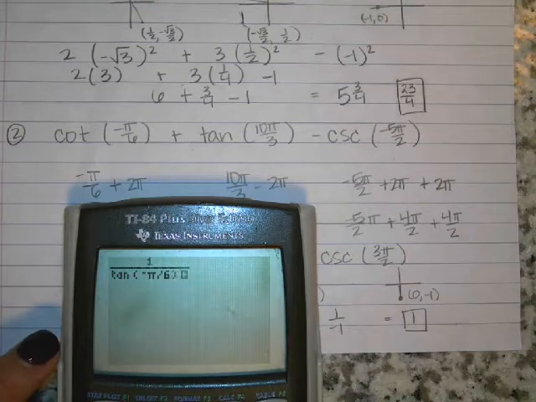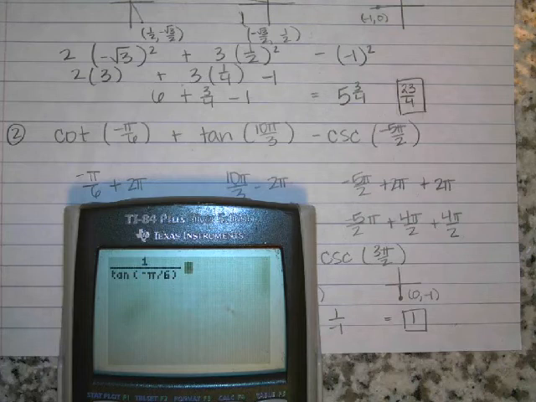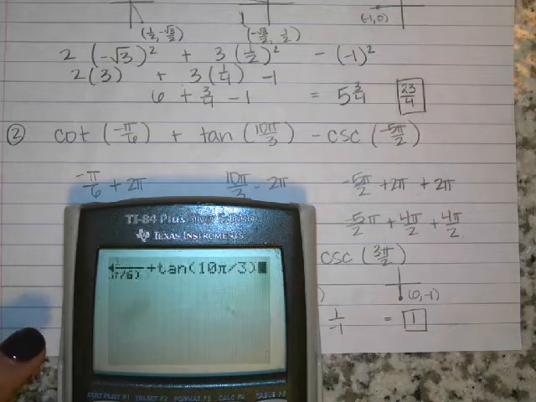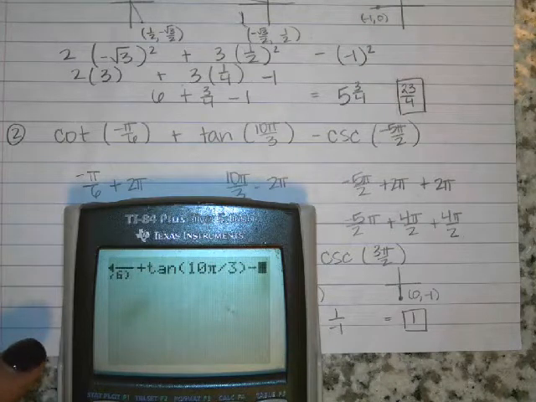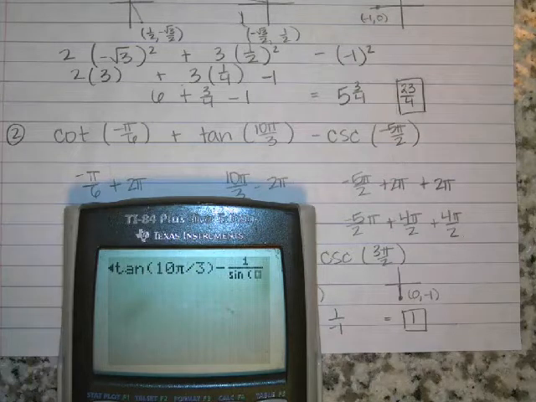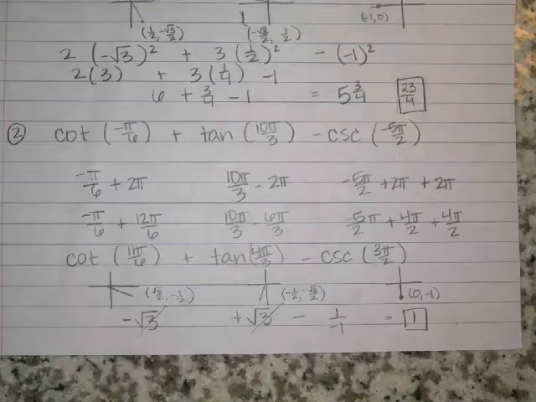That's how you type in cotangent of pi 6. Plus tan 10 pi thirds minus 1 over sine negative 5 pi halves. Let me get 1. Okay.